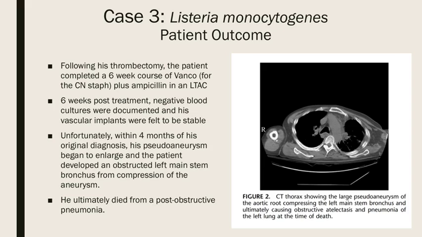So, from being involved with this case, I always think about Listeria in graft thrombosis, and also I think it emphasizes the importance of getting a history of exposures in patients like this, because that was an important facet of the case. So think about Listeria monocytogenes in a patient with these risk factors, including the use of chronic steroids. And in fact, he was immunocompromised from that, and also his lupus.